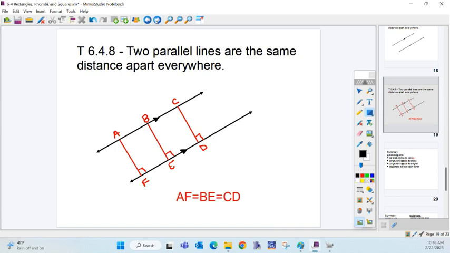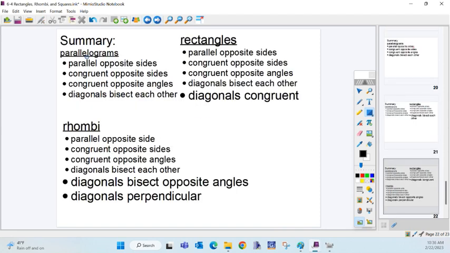All right, so our recap. Parallelograms have these traits: parallel opposite sides, congruent opposite sides, congruent opposite angles, and diagonals that bisect each other. Rectangles, because they are parallelograms, the first four are repeats. They still have parallel opposite sides, congruent opposite angles, and diagonals that bisect each other.